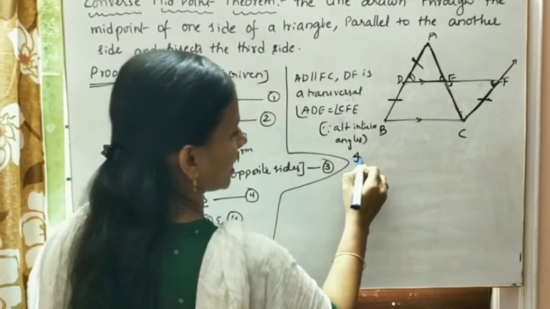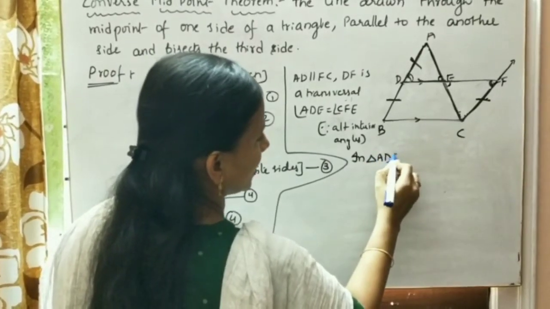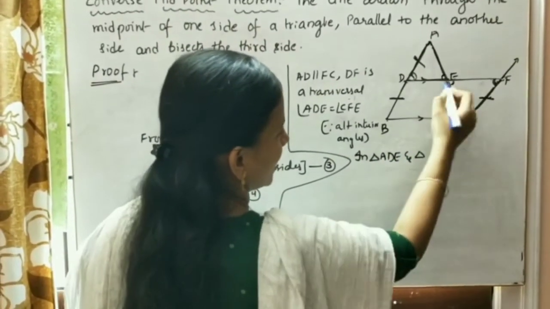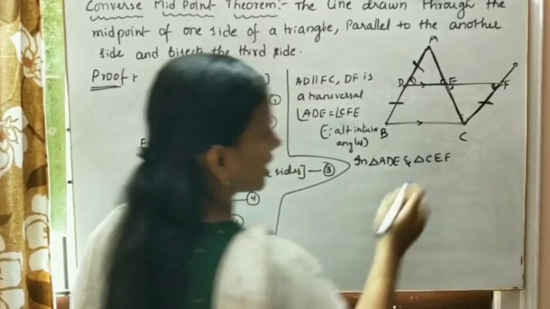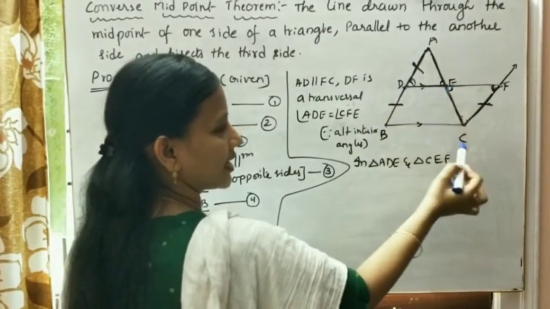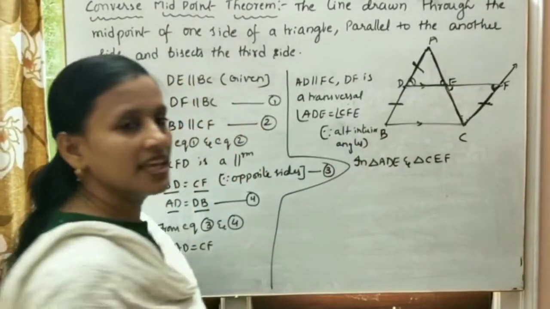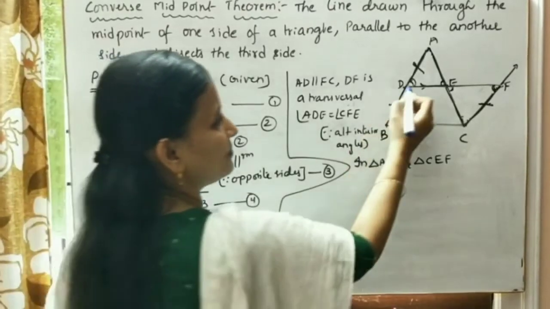Now I am taking triangle ADE and triangle CEF. In these two triangles, what do we know?